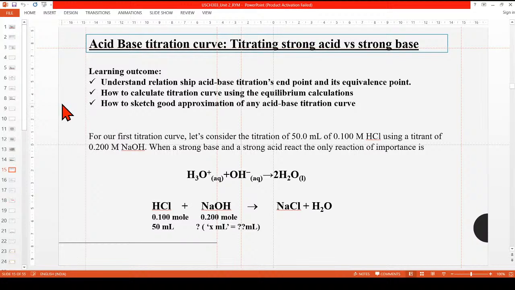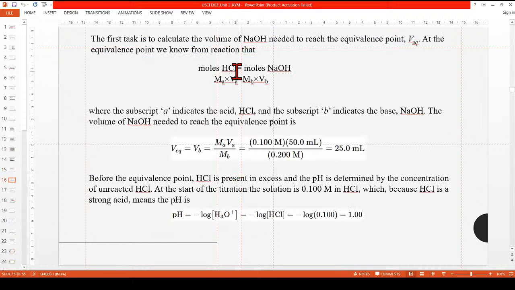Then we have seen that, for example, when strong acid and strong base combine, they react in stoichiometric quantity, and you can calculate pH at each step. The steps for calculating pH we have also seen.